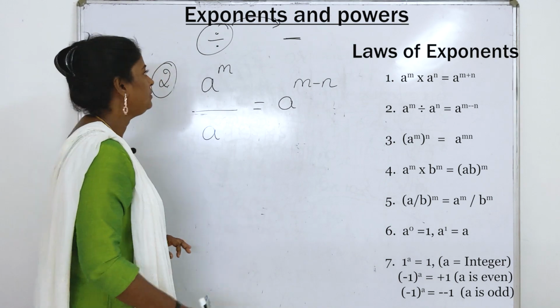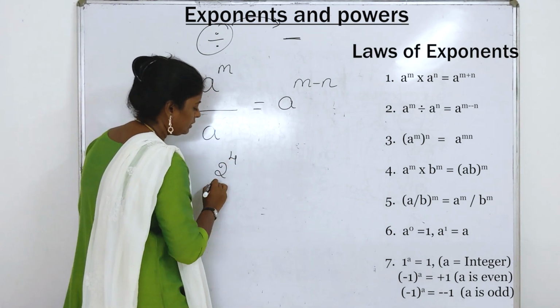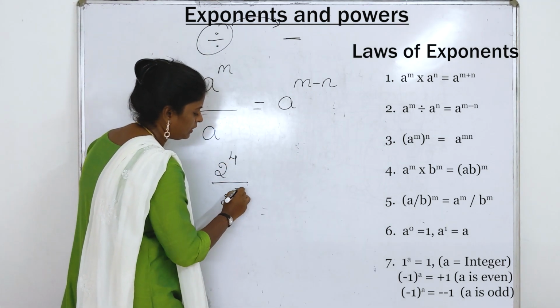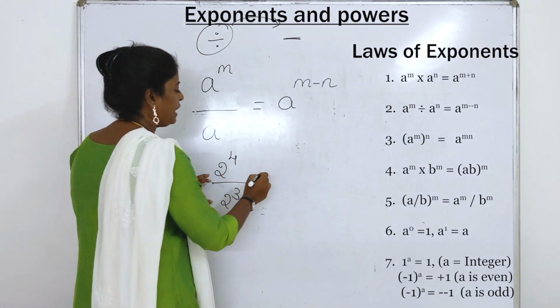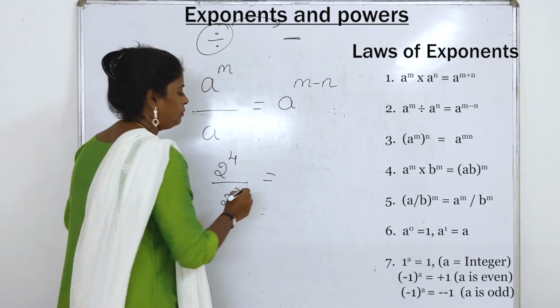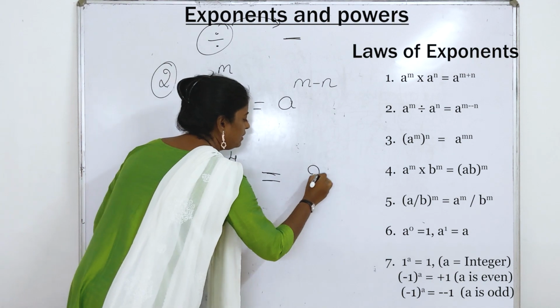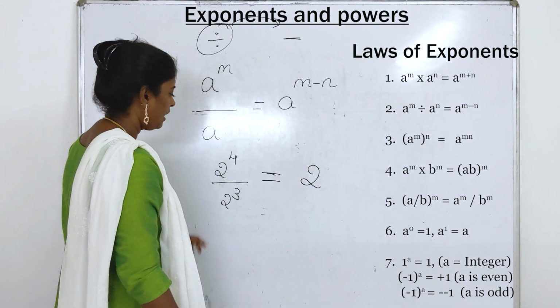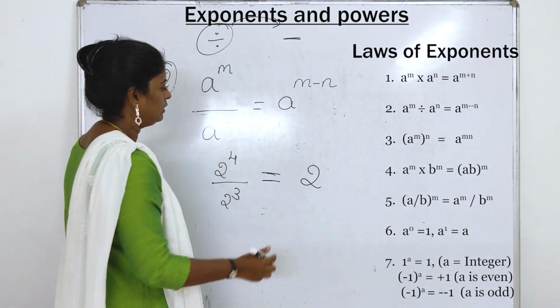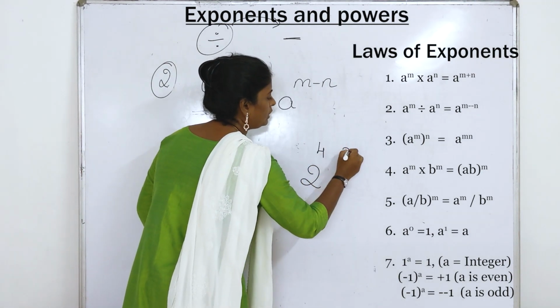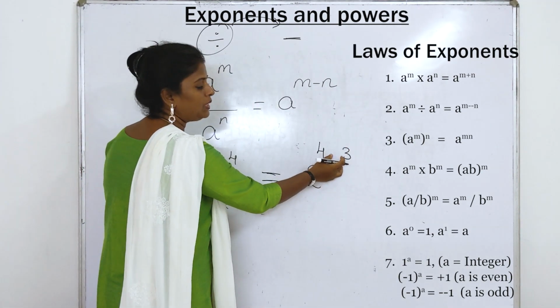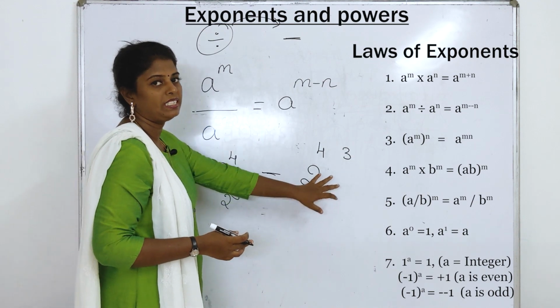For example, 2 power 4 divided by 2 power 3. Here the base is 2, so write the base. And the powers are 4 and 3. In between, we have to put either plus or minus.